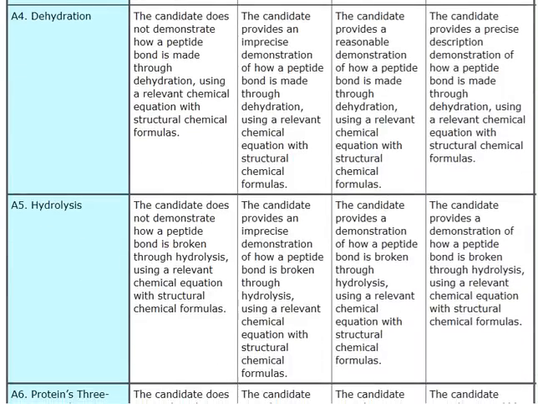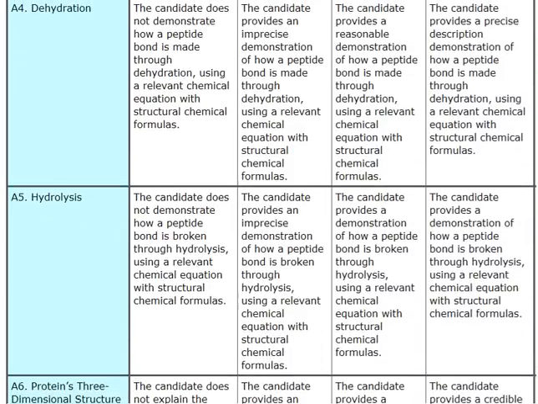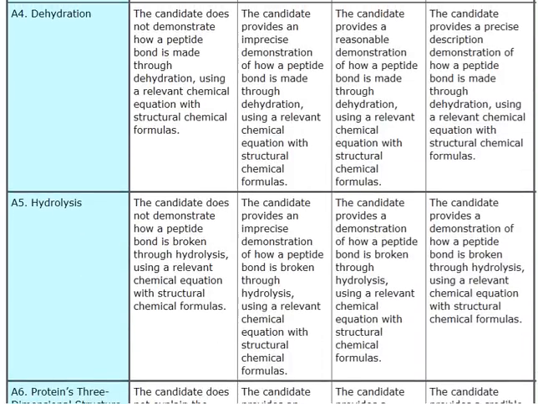Then you're going to provide a demonstration of how a peptide bond is made through dehydration, and then how a peptide bond is broken through hydrolysis. A relevant chemical equation is going to show what is present at the beginning of a reaction, an arrow, and then what's present at the end of the reaction.